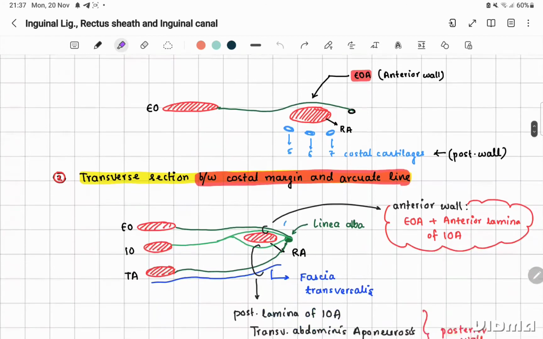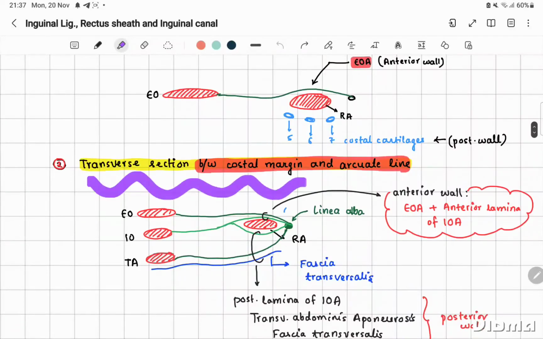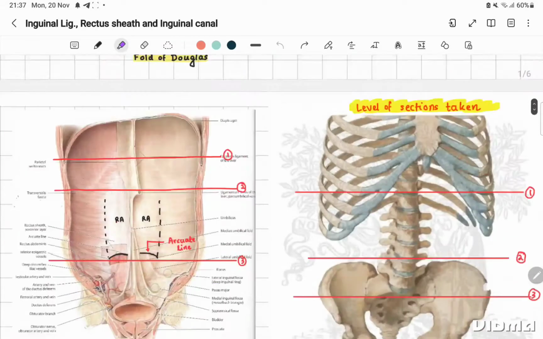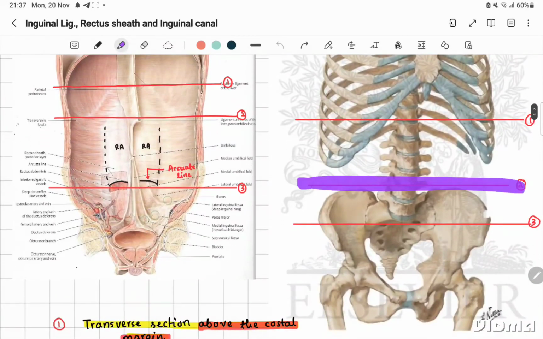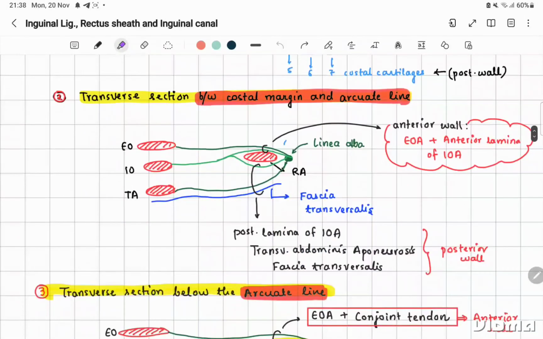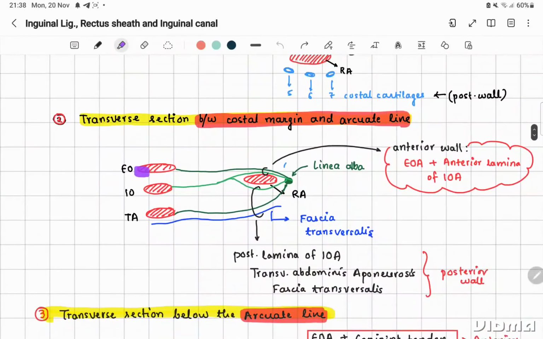If we take the transverse section between the costal margin and the arcuate line, we will see the external oblique, internal oblique, and transverse abdominis. All three fascias are coming like this.